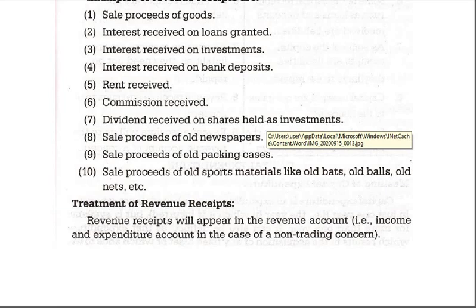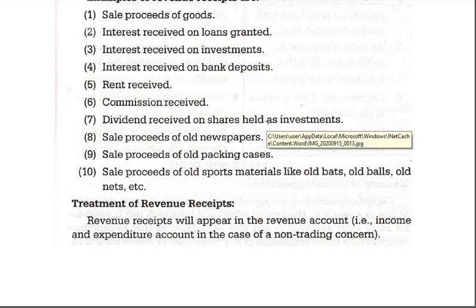So proper differentiation between revenue receipt and capital receipt is very, very essential. Otherwise, final accounts of non-trading concerns will not reflect the correct or the true profits, true surplus for the accounting year. And similarly, the balance sheet will not show the correct financial position of the non-trading concern.